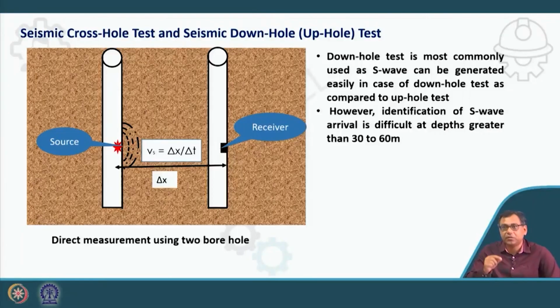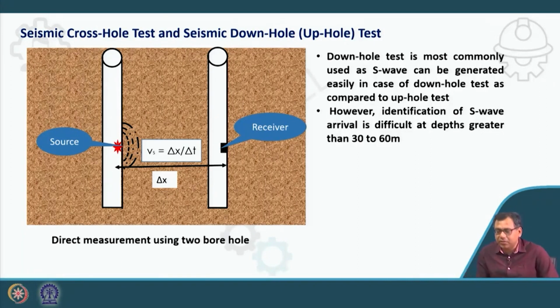If your source is at the ground surface, then you can easily generate the S wave in the seismic downhole test. Downhole means the source is at the ground surface and the receivers are at different depths in the borehole.